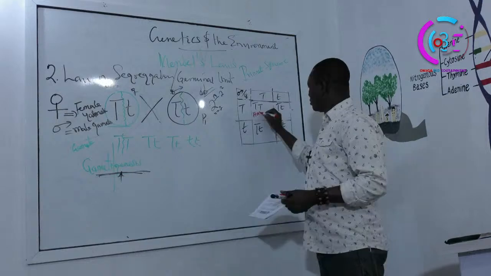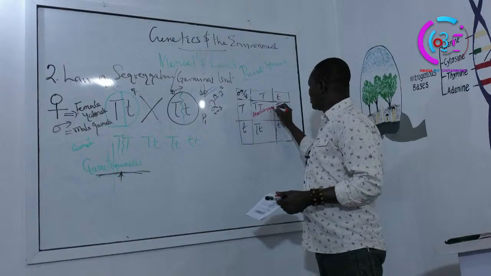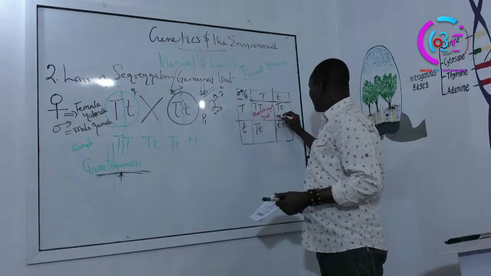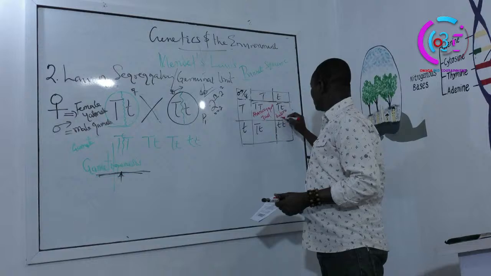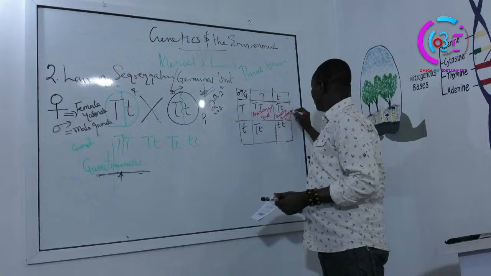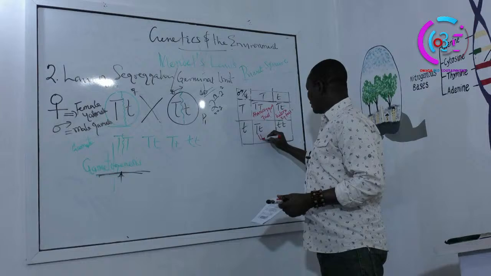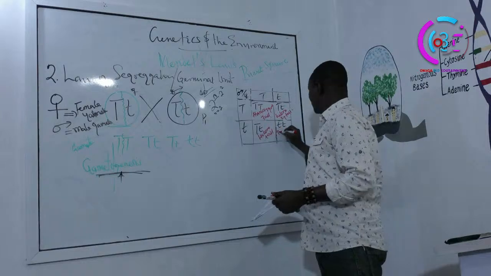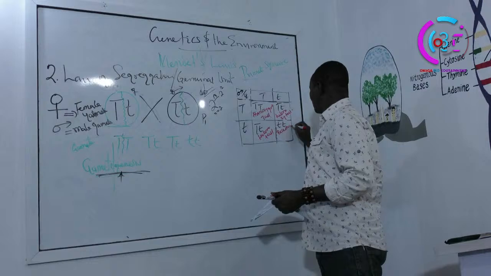This is going to be homozygous tall. This is going to be heterozygous tall. This is going to be hetero tall as well, and this is going to be recessive, which is short.